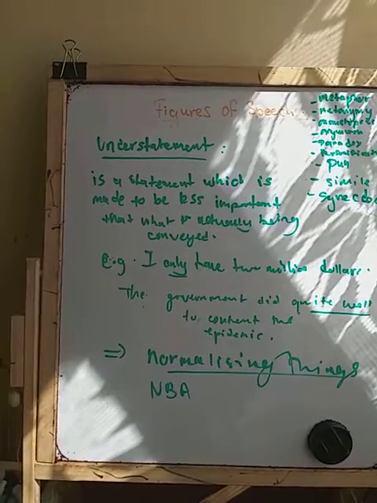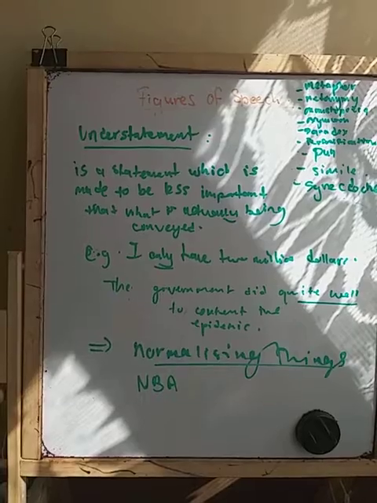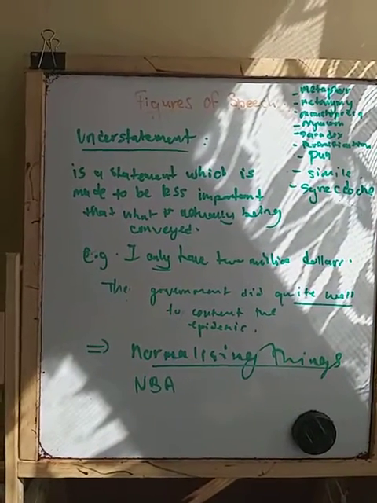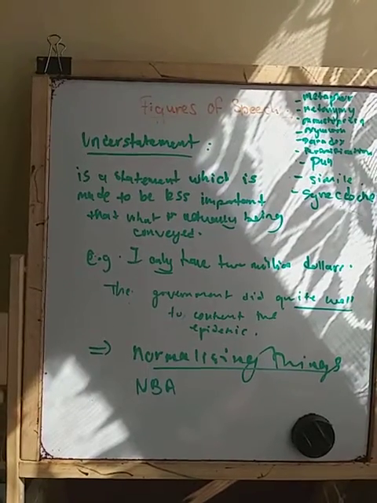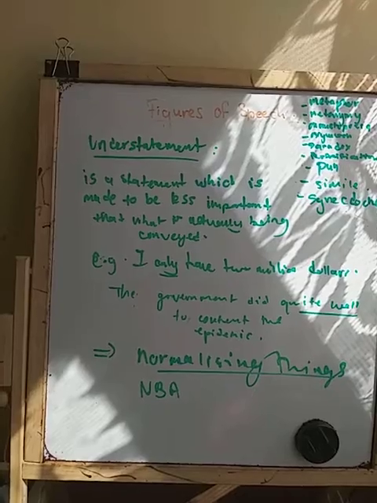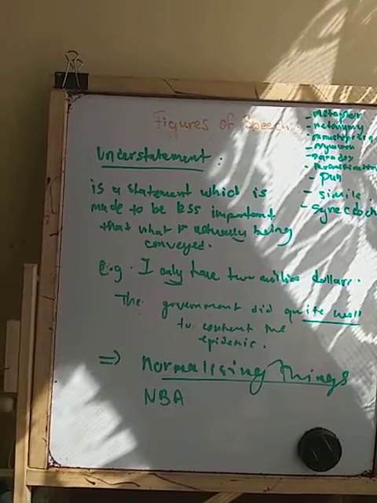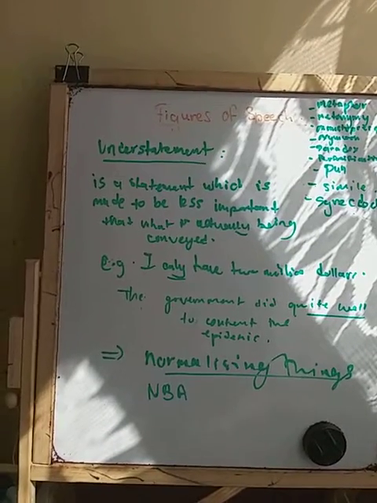This is clearly an understatement, and sometimes some people also add this. They say that he's very good, and then they add, and that's an understatement. So he wants to amplify now by saying, and that's an understatement.